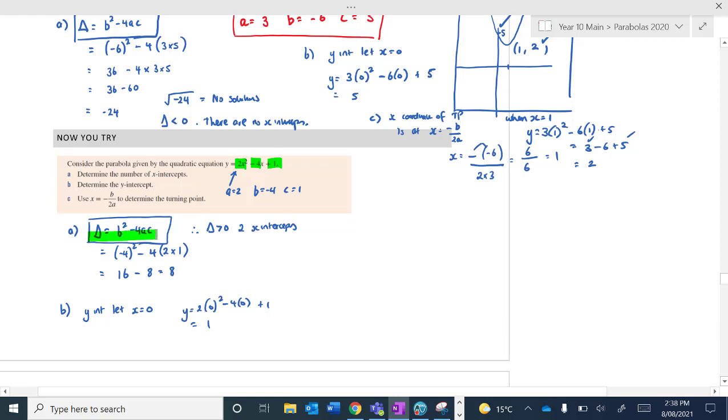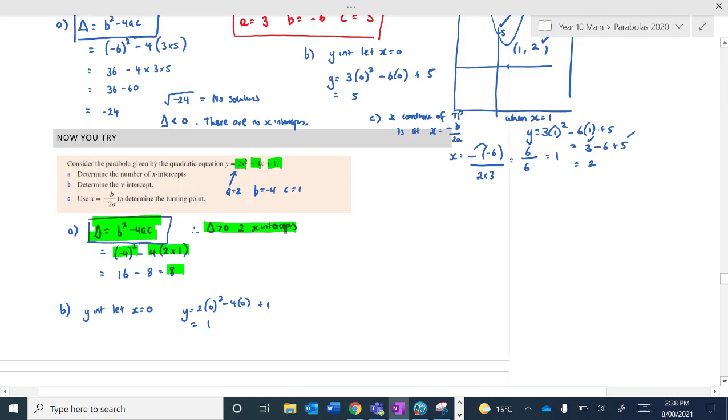Putting those together in the discriminant, b squared is minus 4 squared, minus 4ac, which is minus 4 times 2 times 1, which is minus 8. 16 minus 8 is 8. And because the discriminant is greater than 0, there are 2 x-intercepts.